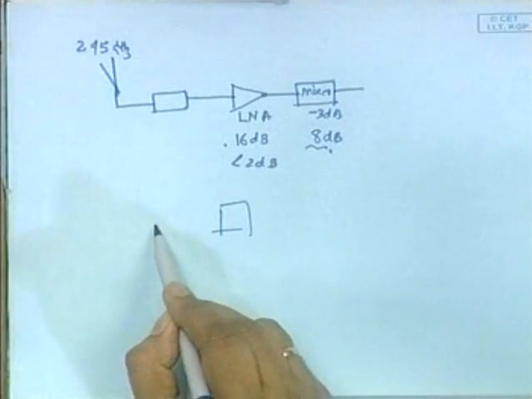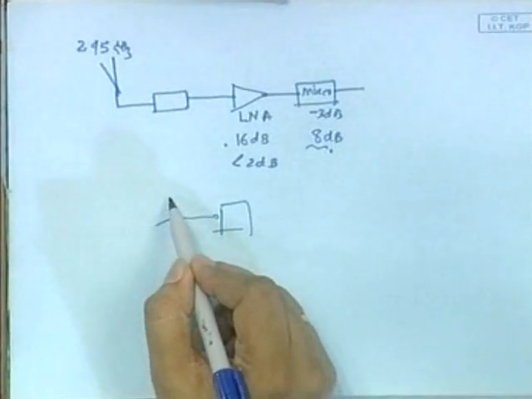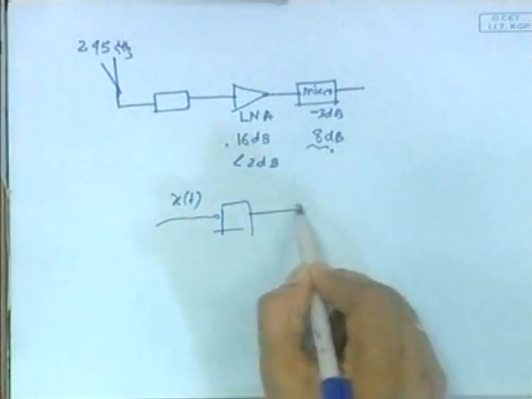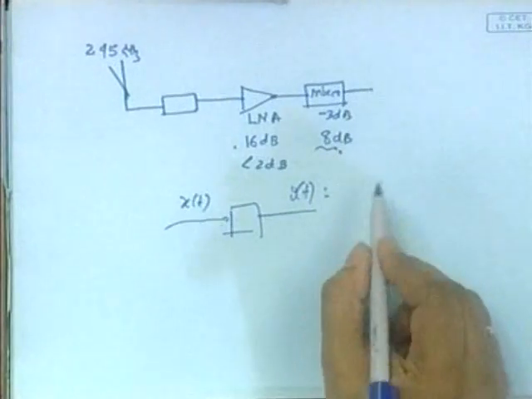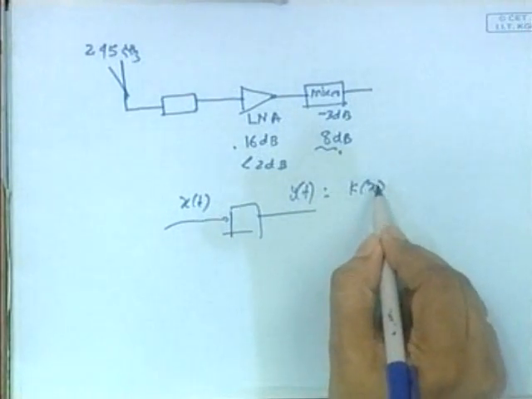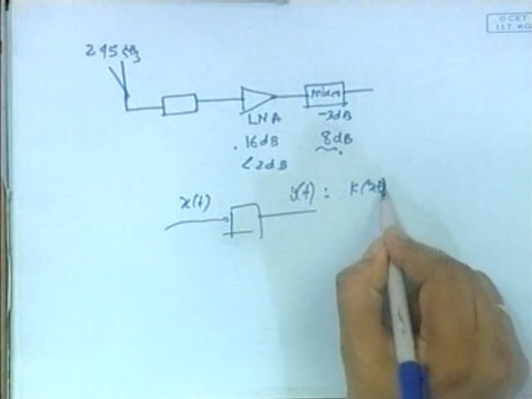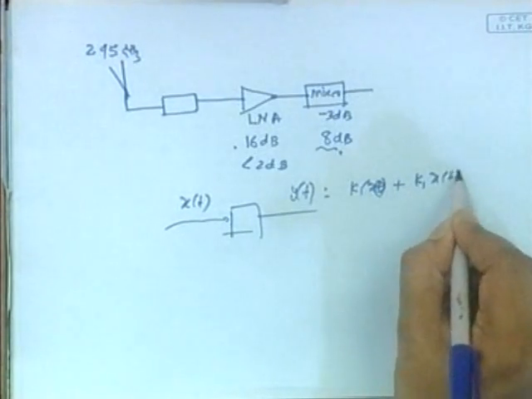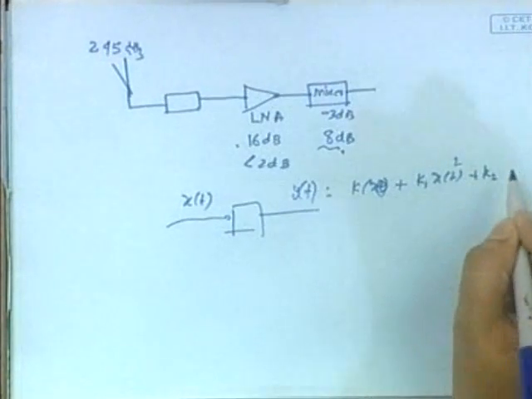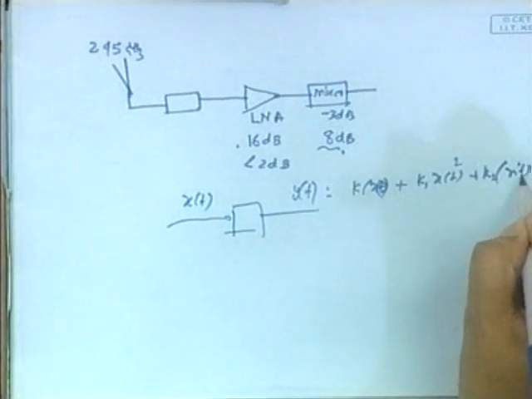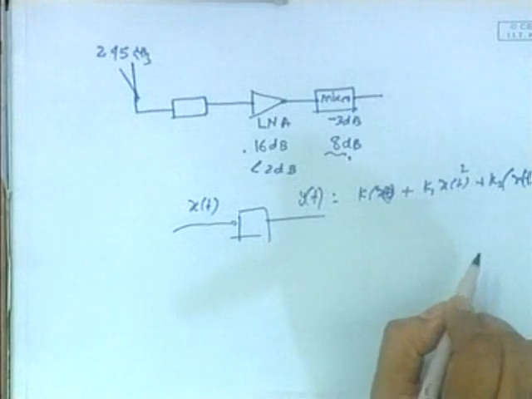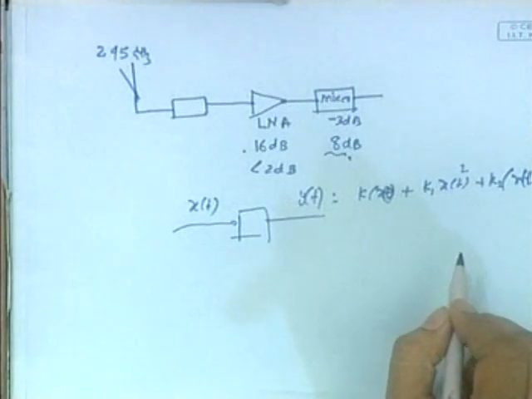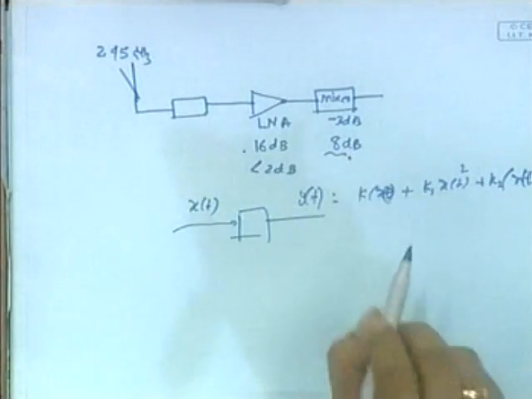But what is the meaning of that? Suppose this is my nonlinear device and this is my signal, say x(t). But the y(t), that is the output, is not only a function of x(t), but also a function of, say, k1 x(t) whole square plus k2 x(t) whole cube. Then what is happening? These are all, say, sin omega t or cos omega t.